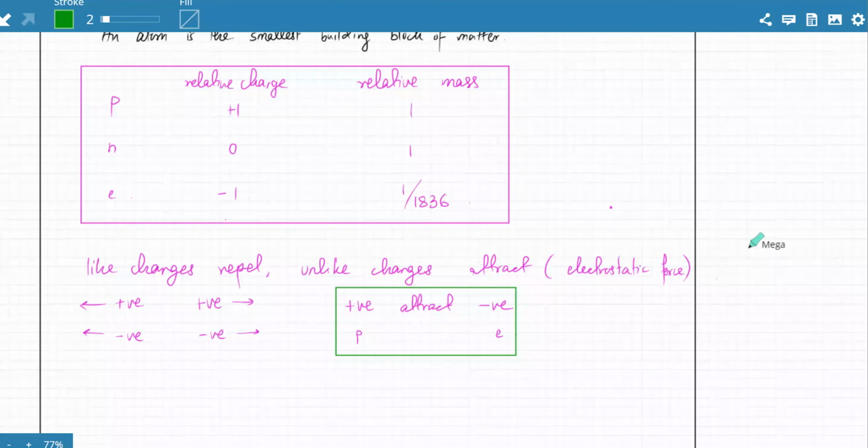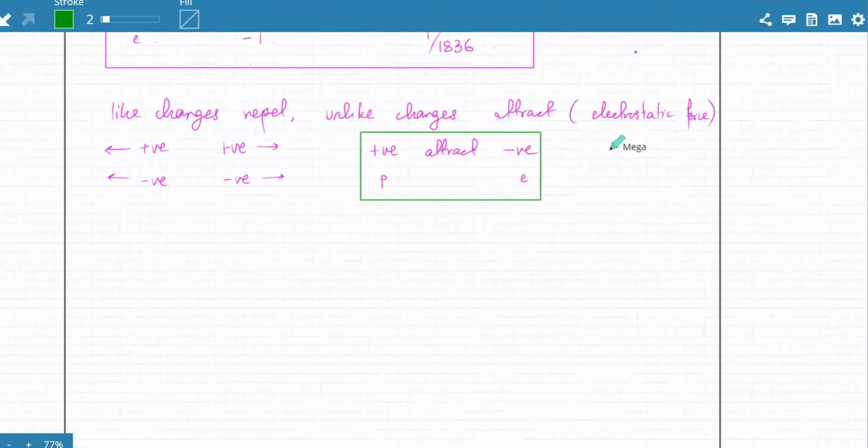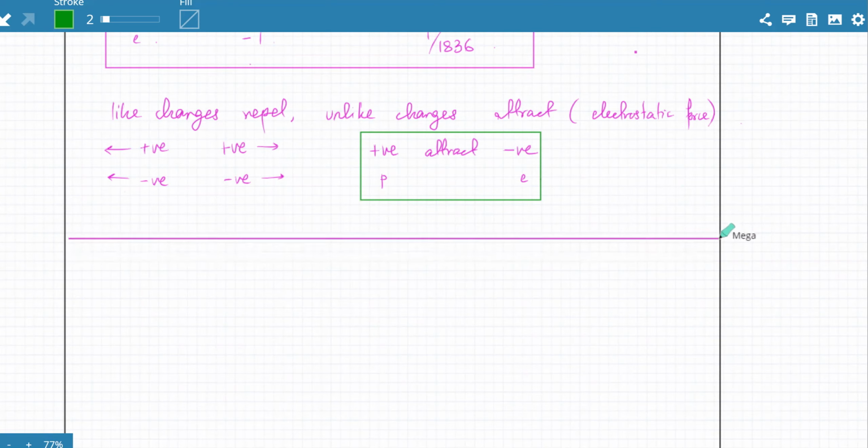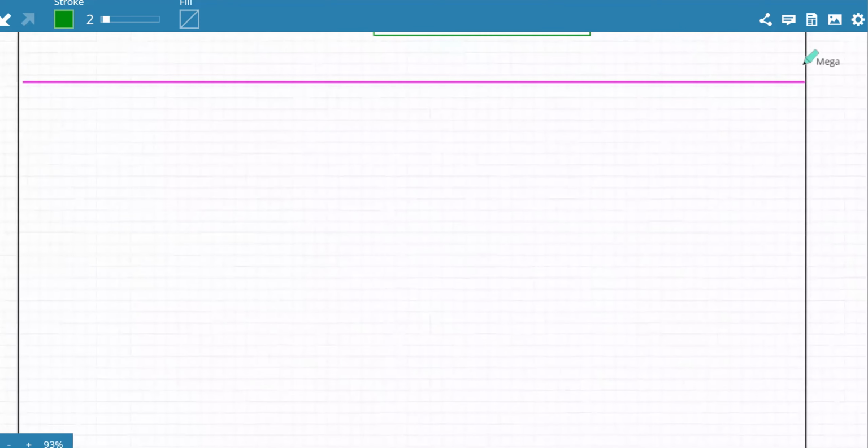So, moving on. You've got a bunch of protons, neutrons, and electrons. The first thing is we're going to try and figure out how many protons, neutrons, and electrons an atom has. So you've got your periodic table, and every periodic table has two things written next to it.